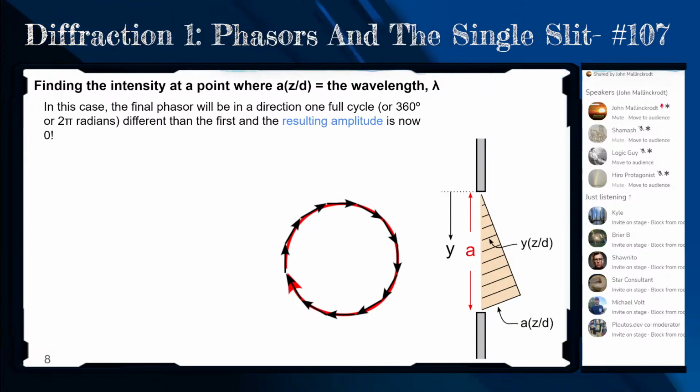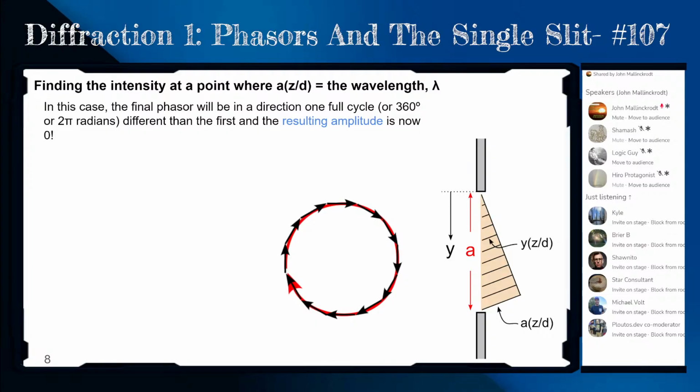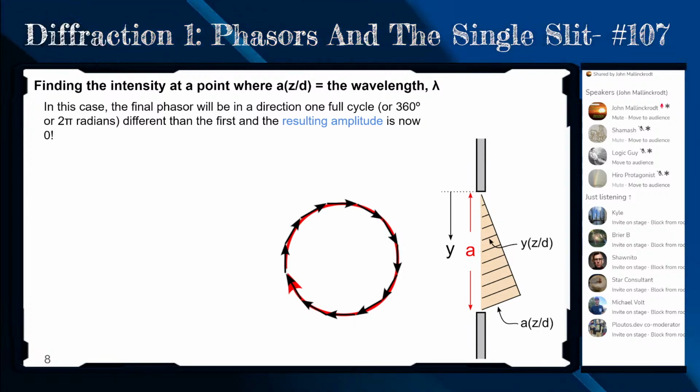At the midpoint of the aperture, that extra path length is a half of a wavelength. So you've still got the case where the contribution from the middle of the aperture exactly cancels the contribution from the top of the aperture.